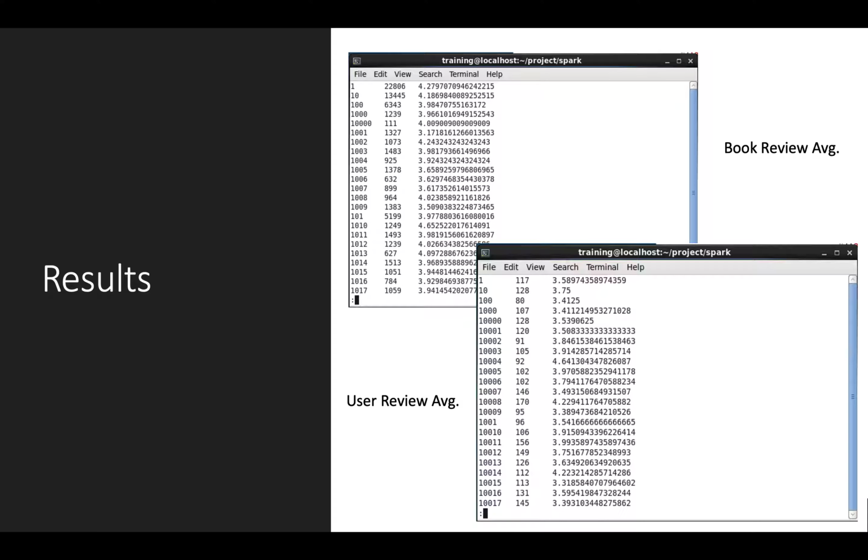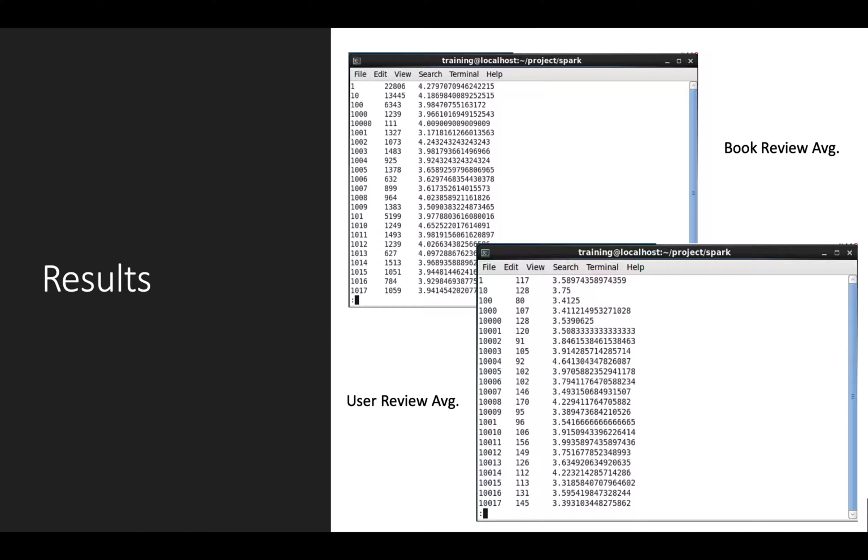Then down on the bottom, we see a really similar format. This, though, is the users. That top row is user ID 1. We don't know who that person is because the data set didn't give us detailed user data. We just have the user IDs. But this is user ID 1. They've submitted 117 reviews, and the average rating that they give for books is 3.5.